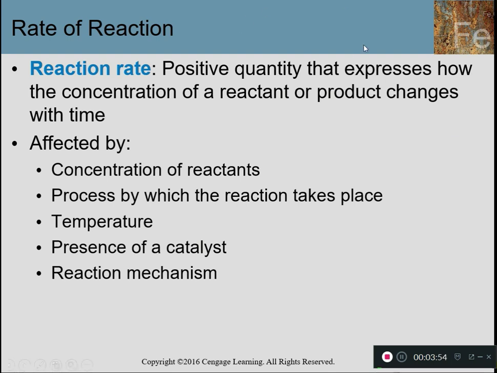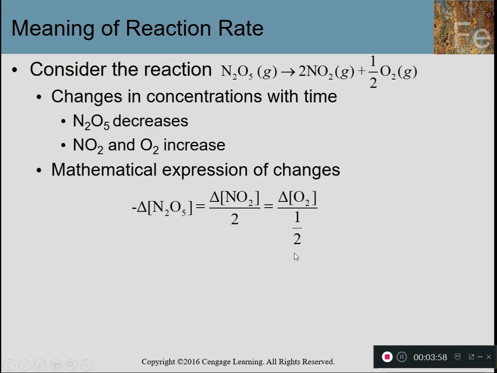We're going to focus on all of these, but early on we're going to focus a lot on concentration. When determining the rate of the reaction, we're going to look at a mathematical expression that allows us to compare how the amounts of the reactants and the products change over time. For instance, in this reaction, N2O5 is going to decompose into NO2 and oxygen. But notice the coefficients.